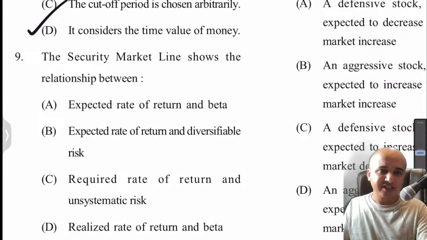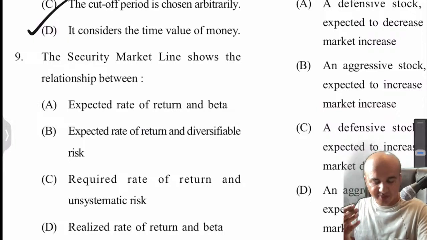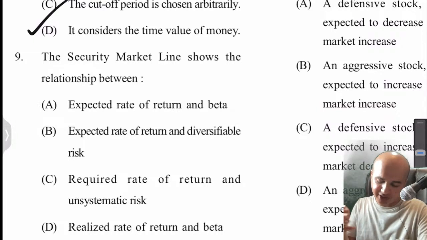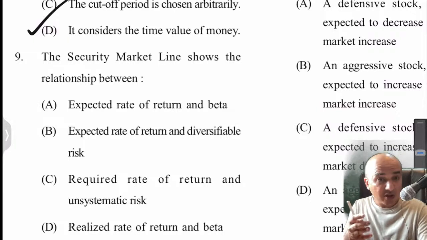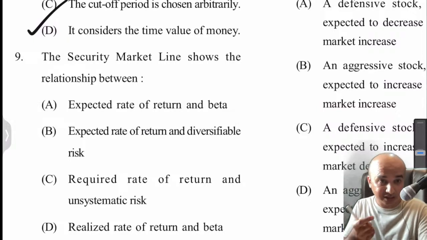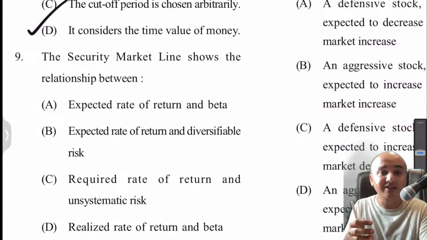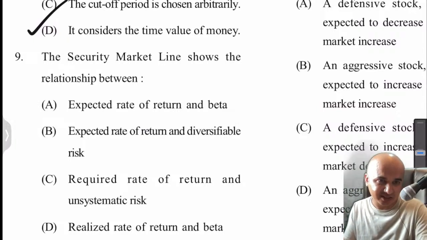Okay, so let's try to understand what is the security market line. It is nothing but a graphical representation of the relationship between the expected rate of return and the beta of an investment, or let's say security. See, it is one of the key concepts in the capital asset pricing model, which, if you have studied, you will know, is used to determine the required or the expected rate of return for an investment based on its systematic risk.